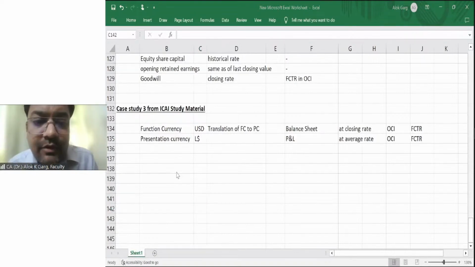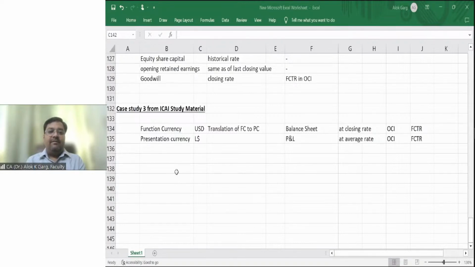Now, first of all, let's present this financial statement in functional currency, then we will convert into presentation currency, right? The closing rate is given. What is my closing rate?